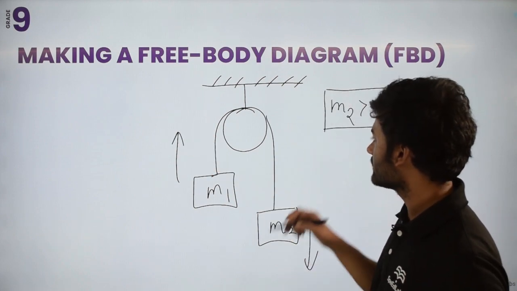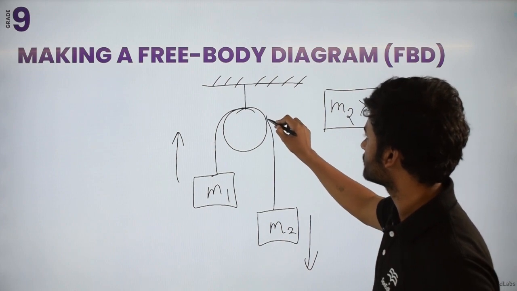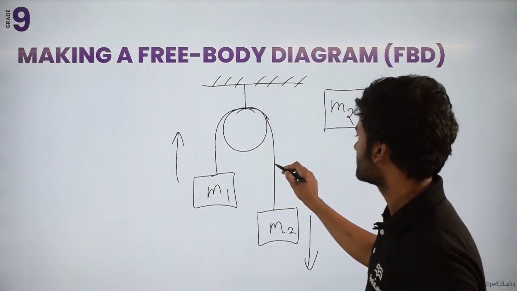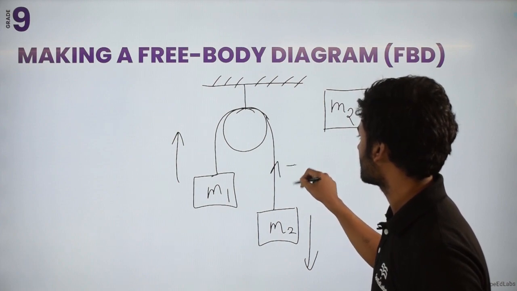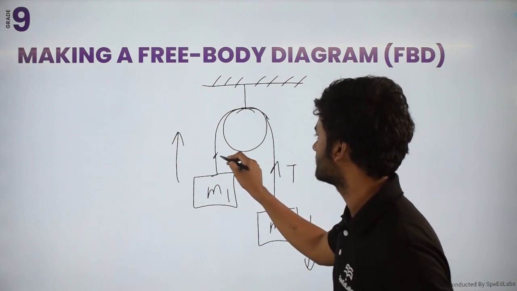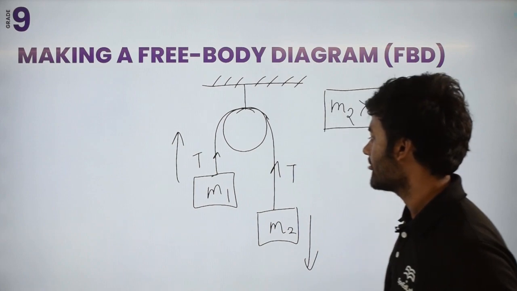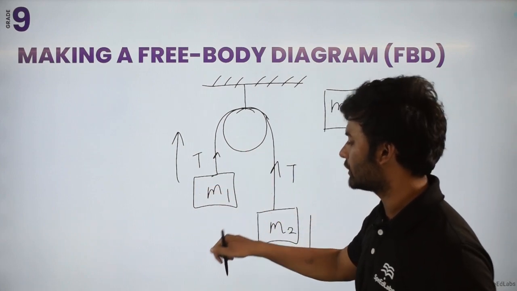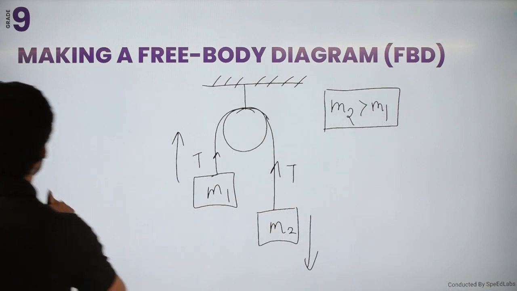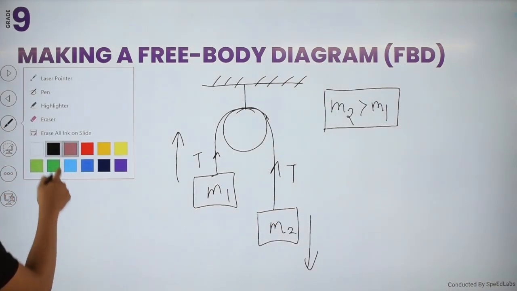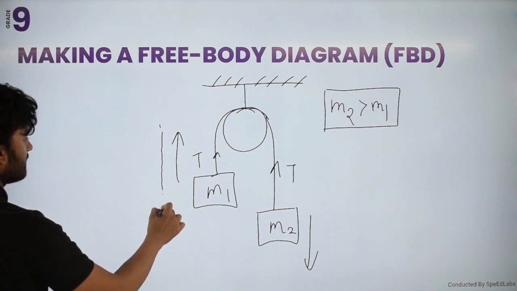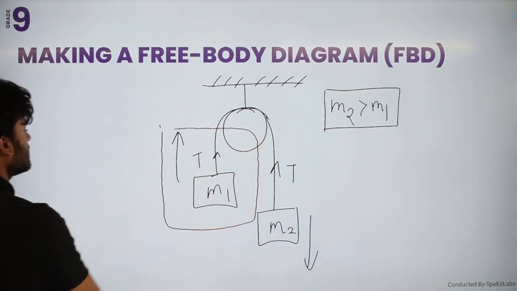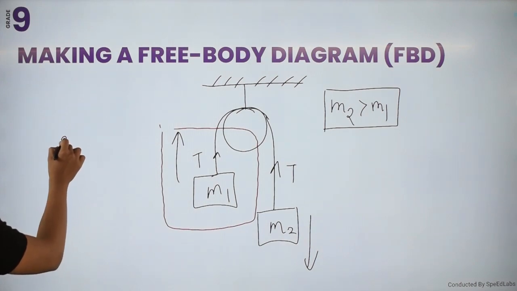Now as you can see, this is an inextensible string and a massless string. We will consider it so, and tension will act like this here, understand. This is the tension. So if I want to draw the FBD of this particular block of mass m1, what will it be, just see. I am making the free body diagram of this mass m1. So I will first make a point here.